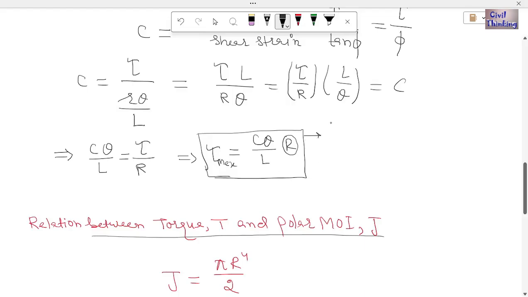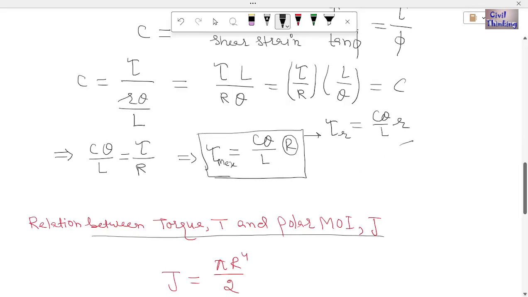It also means tau at any radius small r, less than R, is going to be C theta by L times small r. Now you can see here this tau is directly proportional to r. It means shear stress is more at the full radius, that is at the circumference, and when r is 0, which is at the center of the circle, the shear stress is 0.